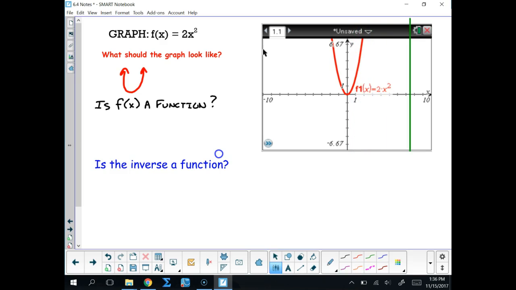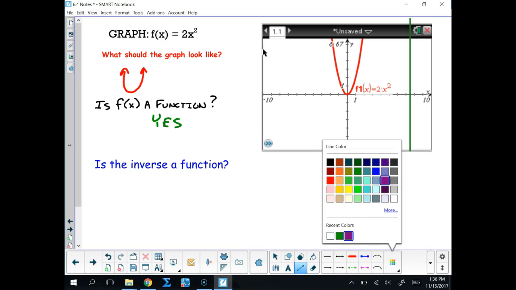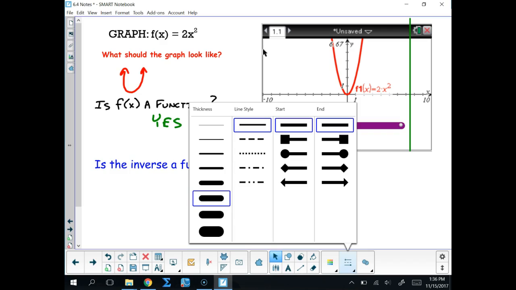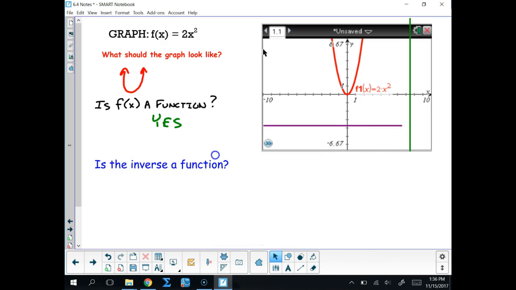So yes, f of x is a function. What about the inverse of f, is it a function?